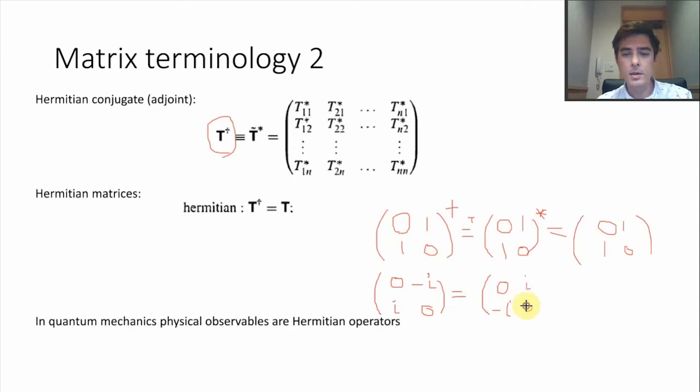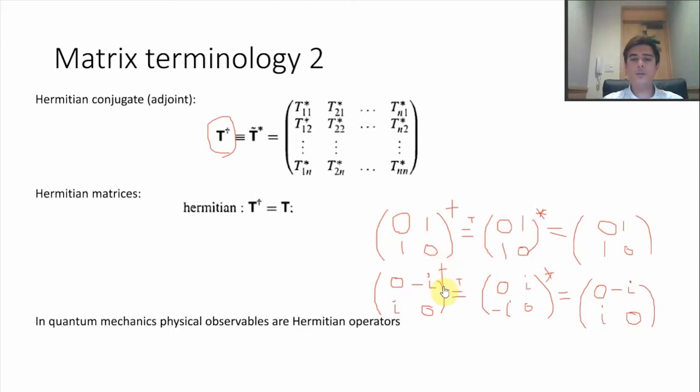Then I take the complex conjugate. Even though I ended up with a different matrix after the transpose, taking the complex conjugate, I'm going to end up with the same matrix as I started with. So both of these are examples. I put a star here for the conjugation, and this one was doing the transpose, so I should put the dagger here.